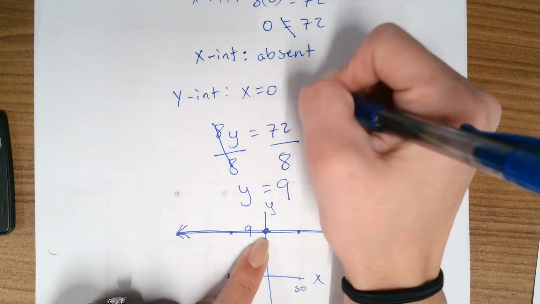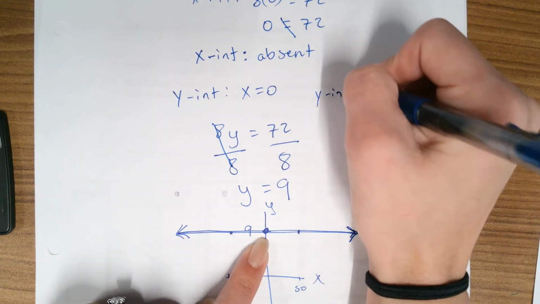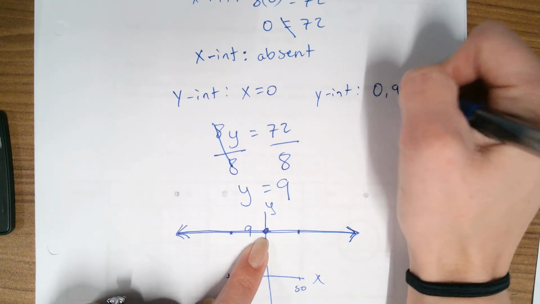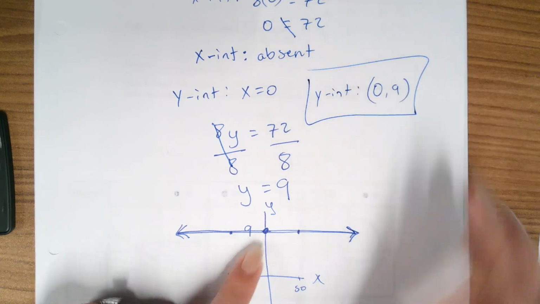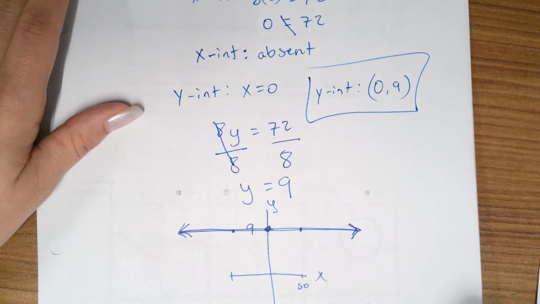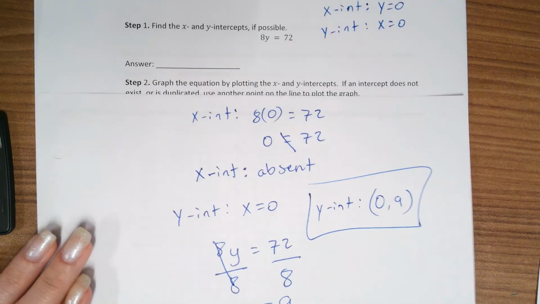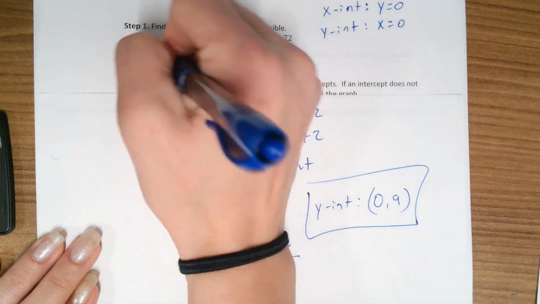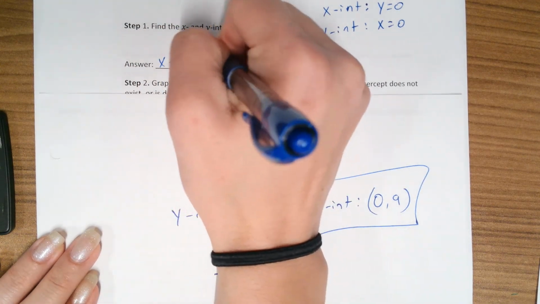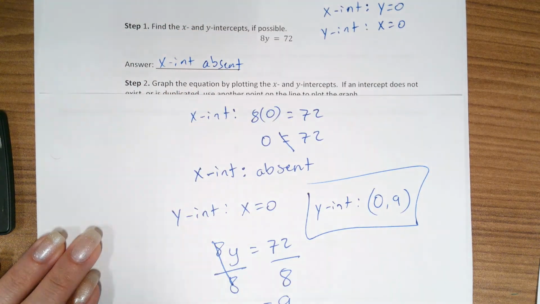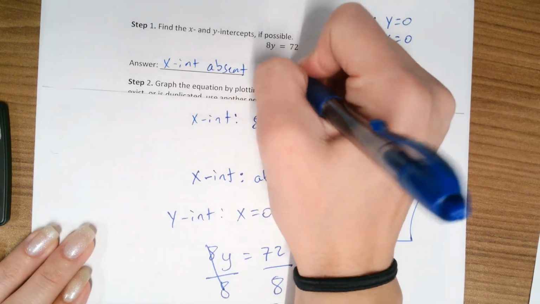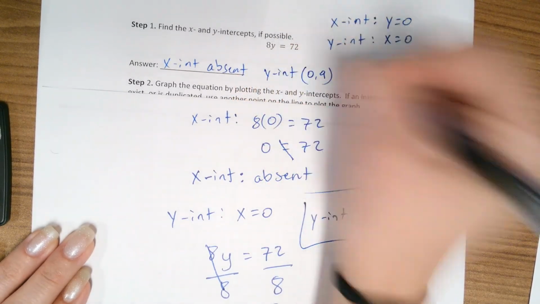So my y-intercept, my x-intercept I don't have, but my y-intercept is 0, 9. So my x-intercept, like I said, they want you to say absent, and my y-intercept is 0, 9.